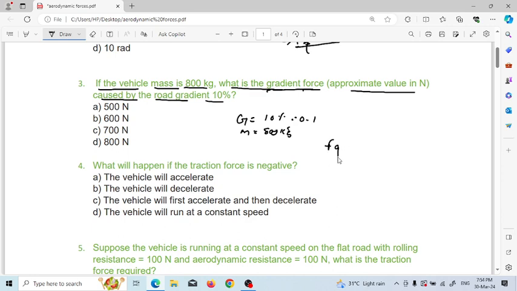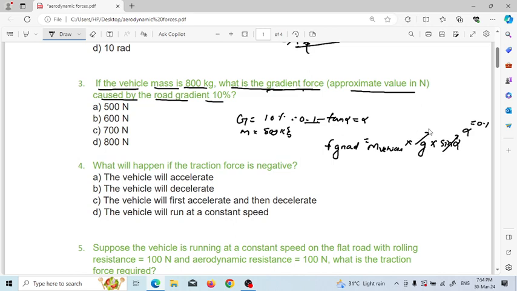So F gradient is equal to, we know, mass of vehicle times g times sin alpha. From G we know tan alpha, alpha is small, so alpha is equal to 0.1, and sin alpha is also small, so sin alpha is equal to alpha, which is equal to 0.1.